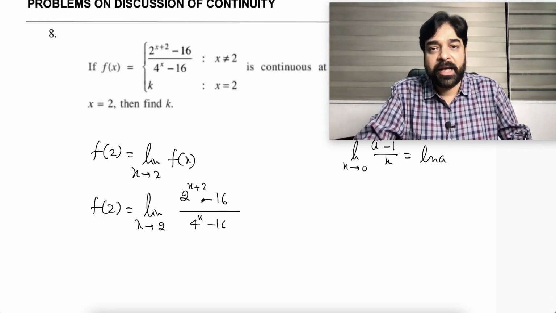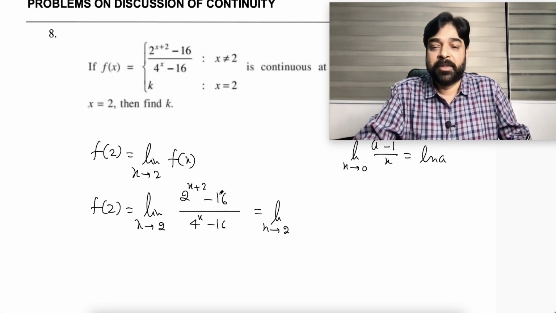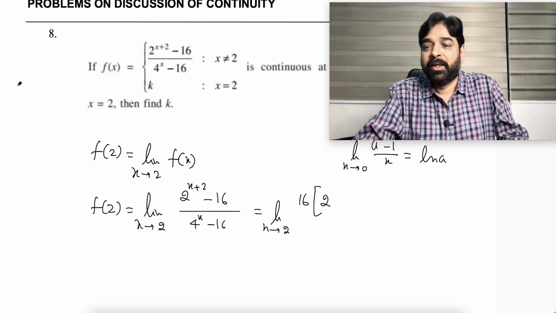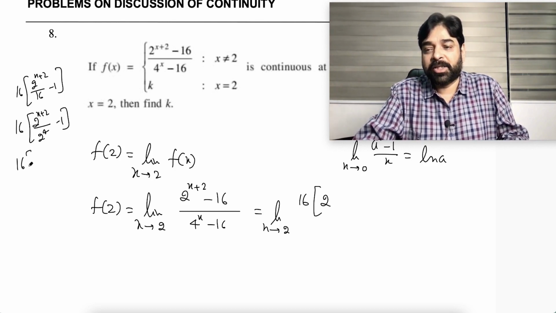So from here 16 I can take common. So limit x approaches 2, 16 I am taking common. 16 means what? 2 power 4. So 16 out, and what's left here? If you take 16 common here, you will get 16 times (2 power x plus 2 by 16 minus 1). Numerator I am explaining. So 16, let it be like this, and this 16 I can write as 2 power 4. So 2 power x plus 2 by 2 power 4 becomes 2 power x plus 2 minus 4, minus 1.